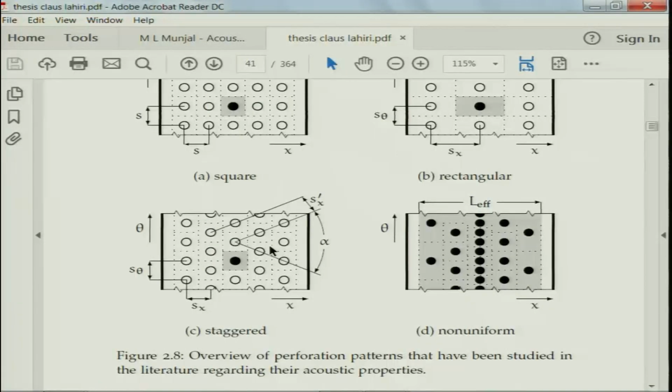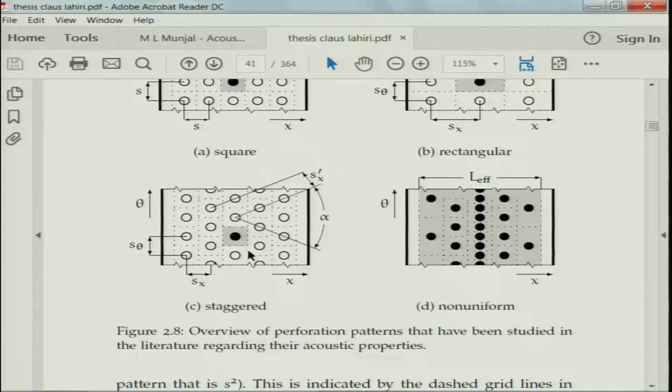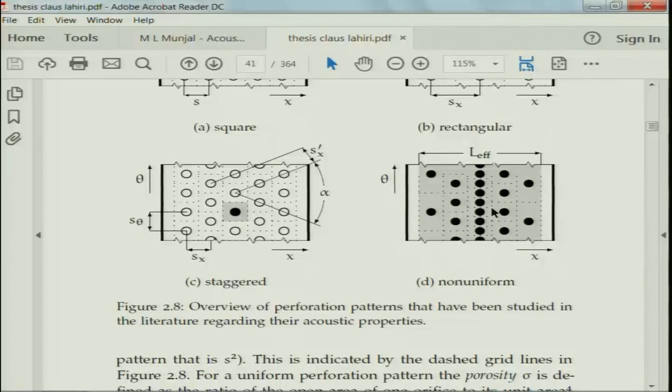Then you have a staggered arrangement. Staggered is something like having one hole in the center of 2 rows, on the diagonal joining the 2 holes, something like this where I am pointing, with different parameters, or non-uniform, completely random holes, that kind of thing.